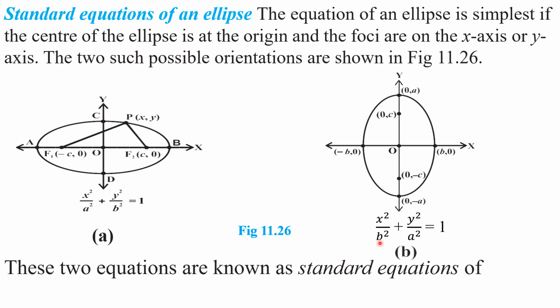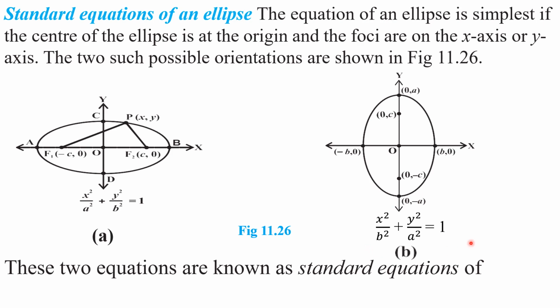Previously I told you b denotes the length of the minor axis and a denotes the length of the major axis. Here the major axis is along the y-axis and the minor axis is along the x-axis. That is why the equation of this ellipse is x square by b square plus y square by a square is equal to 1.